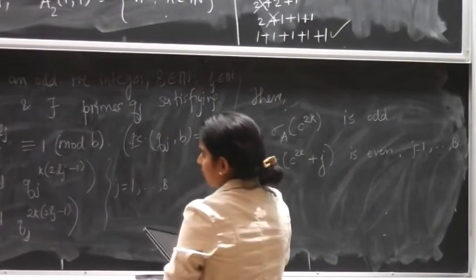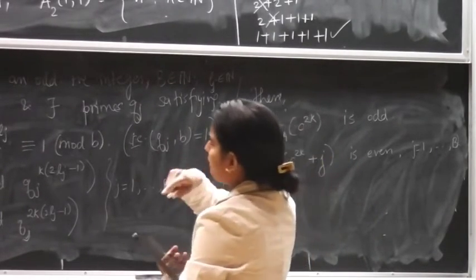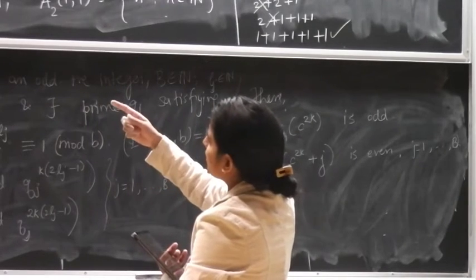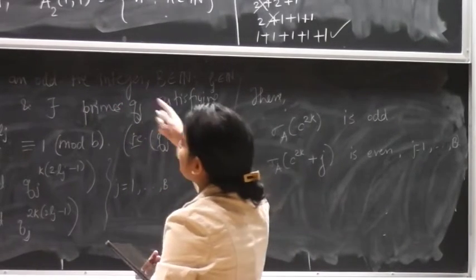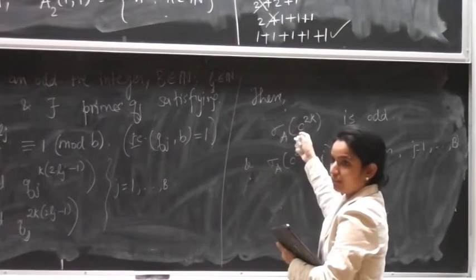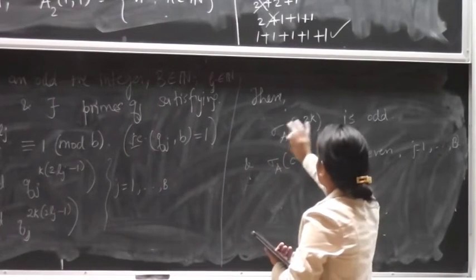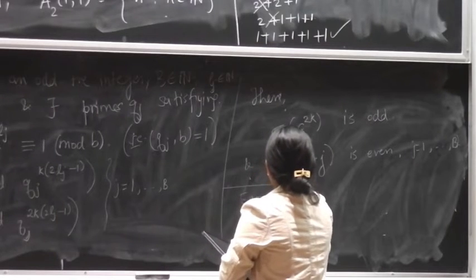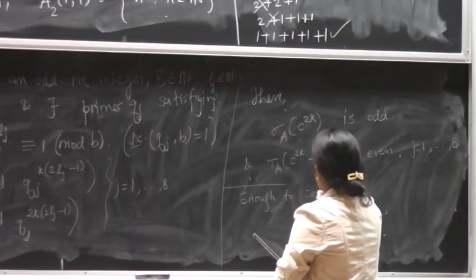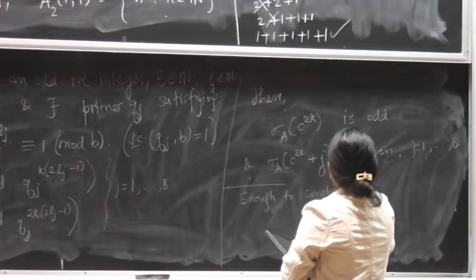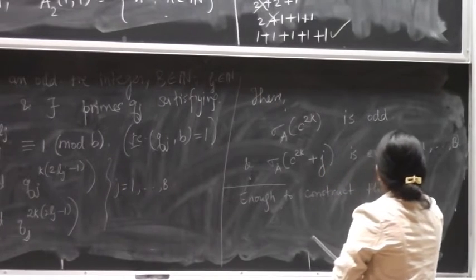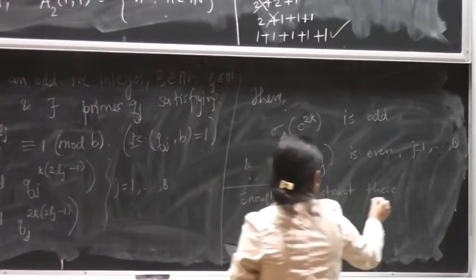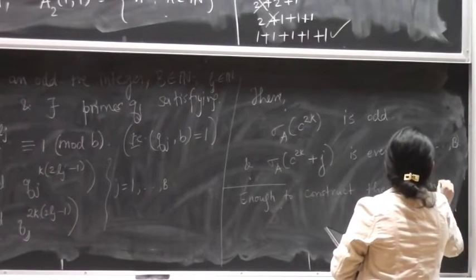We wanted C to the power k to be L sub B. So it is enough to construct these primes satisfying these conditions.